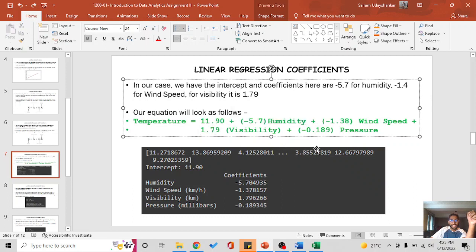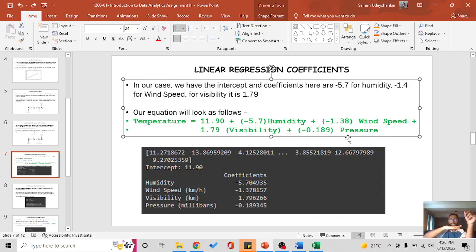As we can see, all of these are really close to 0 except humidity, so you can expect wind speed, visibility, and pressure to be lines that are almost parallel to the x-axis. That means it's not a slope, it doesn't have good correlation.